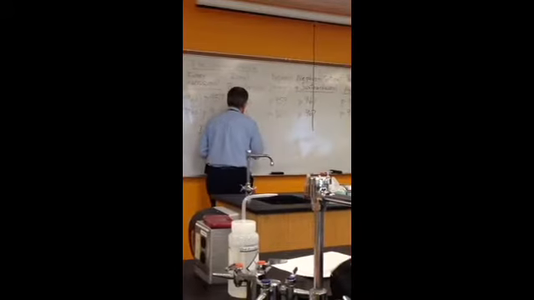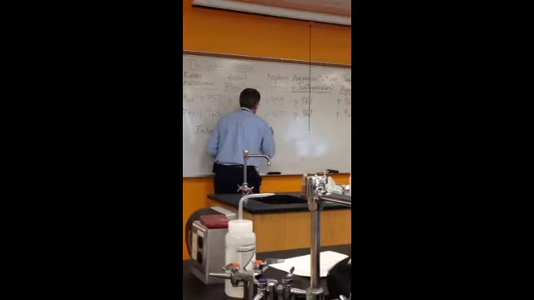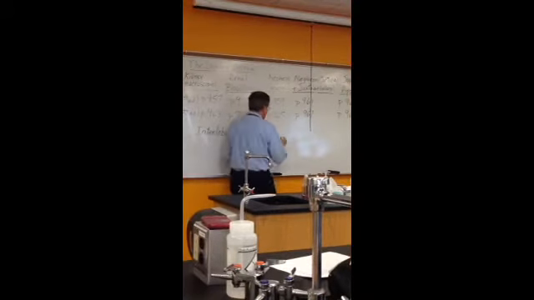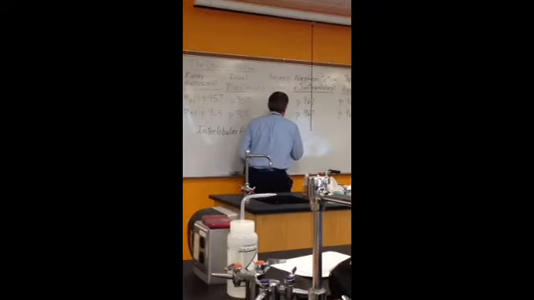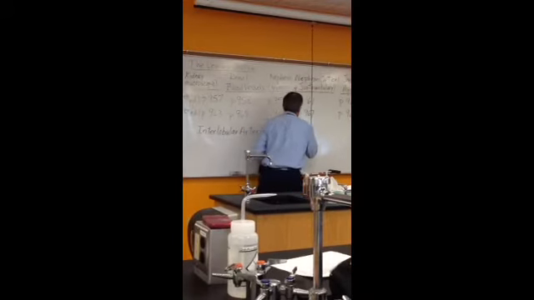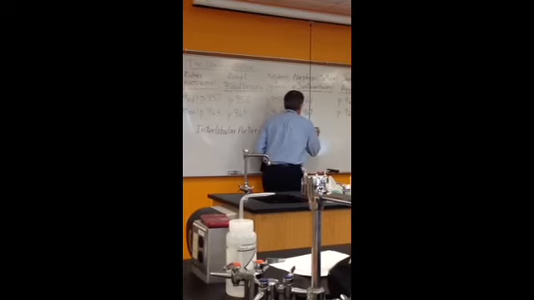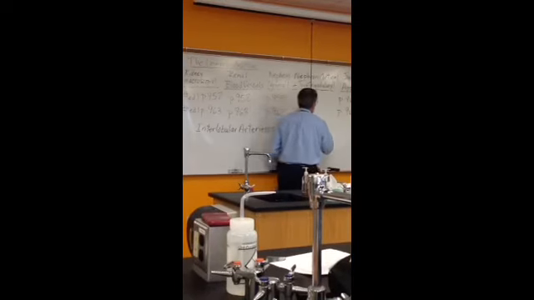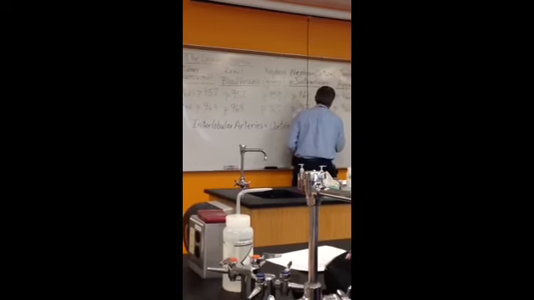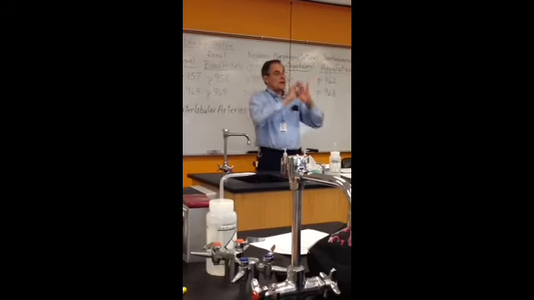Interlobular arteries are equivalent to cortical radiate arteries. It's a good name because it's radiated out into the cortex.